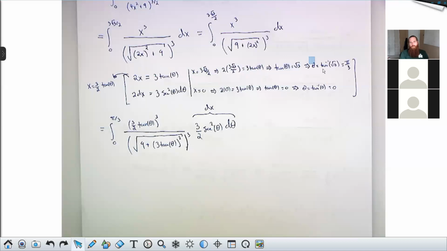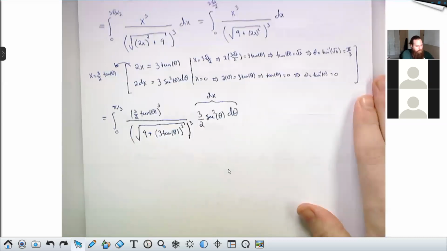And then again, I take the inverse tangent of both sides. If tan theta is root 3, then theta is the inverse tangent of root 3. The inverse tangent of root 3 is pi over 3. And then these two pieces, they just come from plugging in. So now we're ready to go ahead and try this.